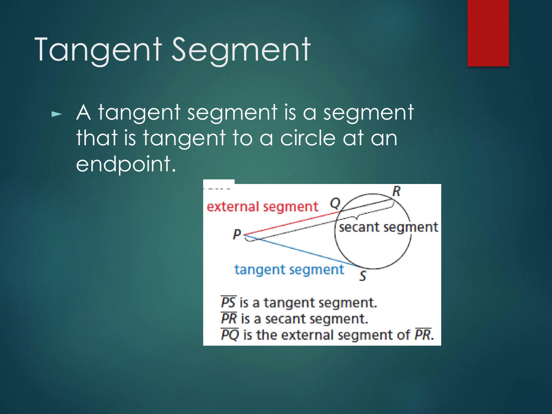So tangents do not actually go inside the circle. It's just going to touch the circle, like graze it just a little bit, and then it's going to stop at that point. Okay? What questions do we have about a secant segment and a tangent segment?